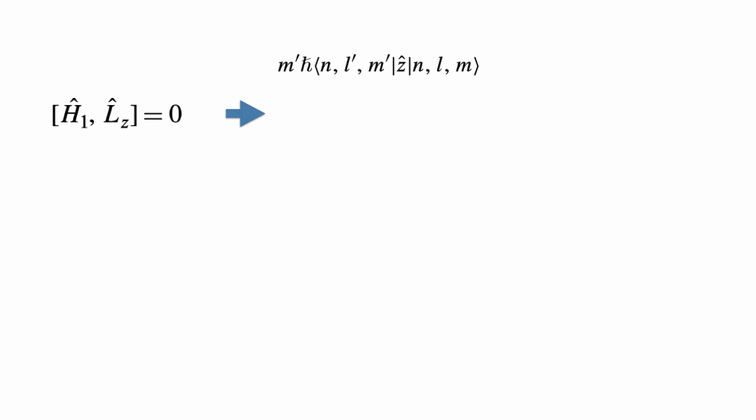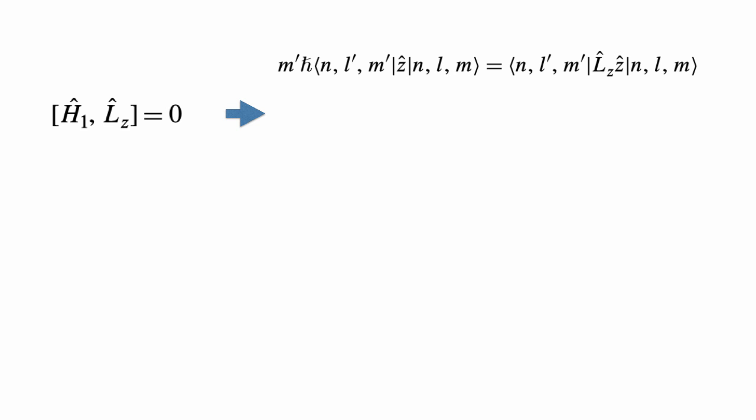Okay, so we know that H1 and Lz commute, so let's use that. Since they do commute, we can introduce m' ħ inside the bracket on the top left, and replace m' ħ by Lz.